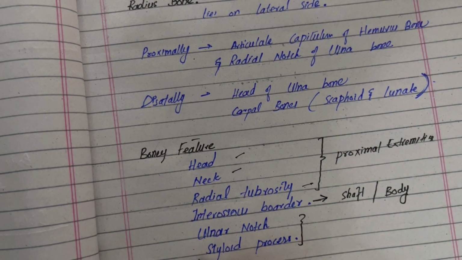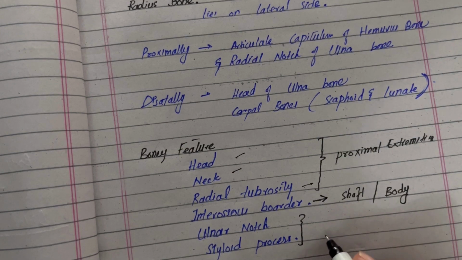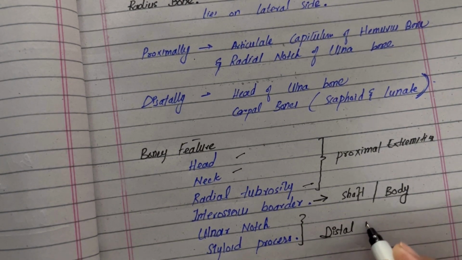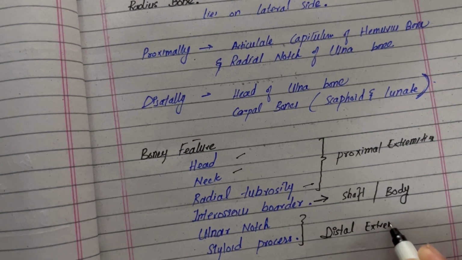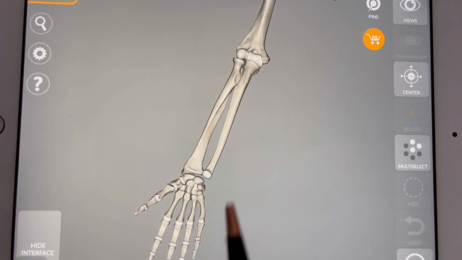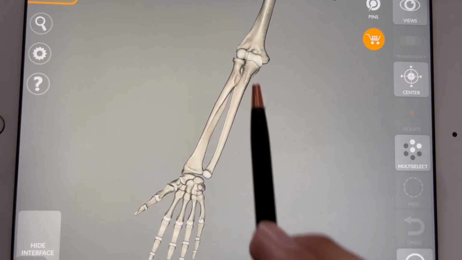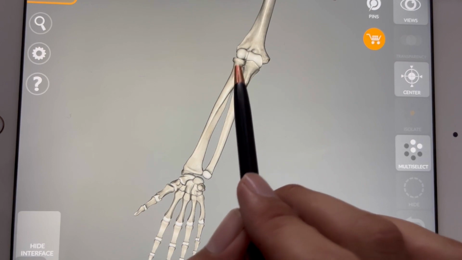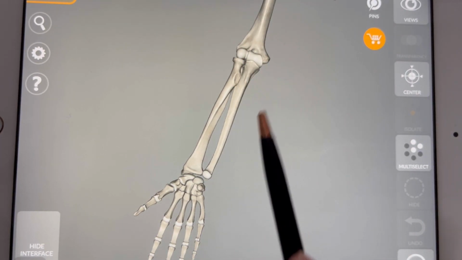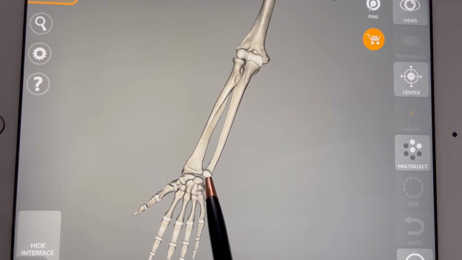The ulnar notch and the styloid process lie at the distal extremities. This is the radius bone. Proximally it articulates with the humerus bone and the ulna bone. Distally it articulates with the ulna bone and the carpal bones.